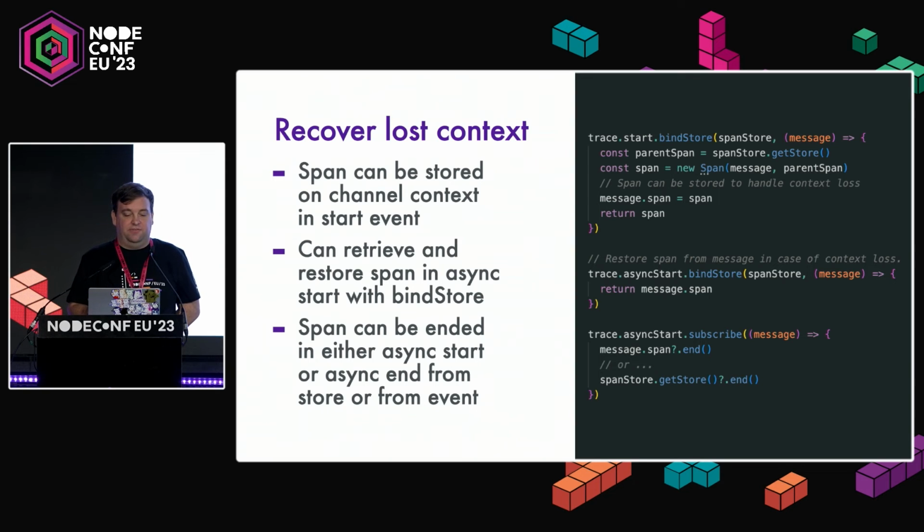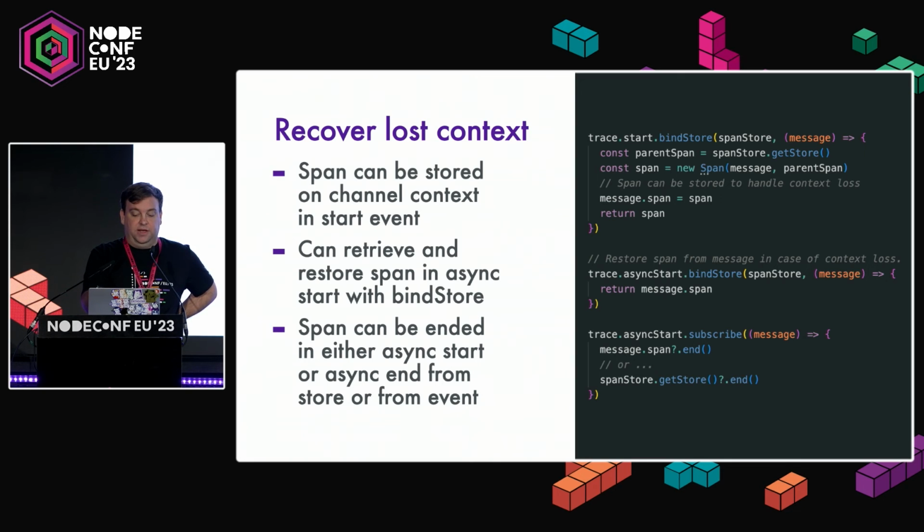We, as APMs, occasionally have to recover the context in some way, or any sort of user of AsyncLocalStorage may have to recover the context. So in the start event here, we can store this span on the context, like on the message, and because that same object is shared between all the different events of that traceable action, we can retrieve that from the message object in future events.